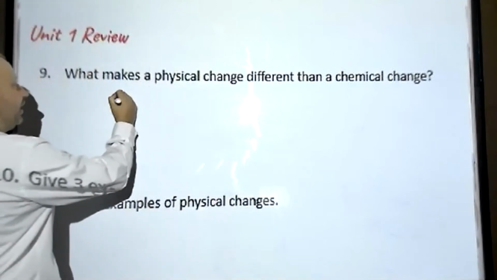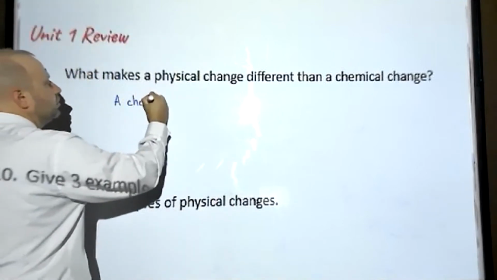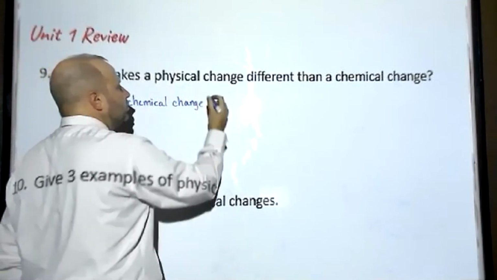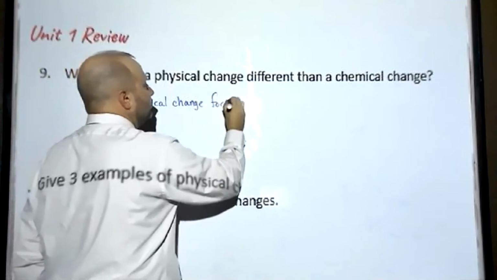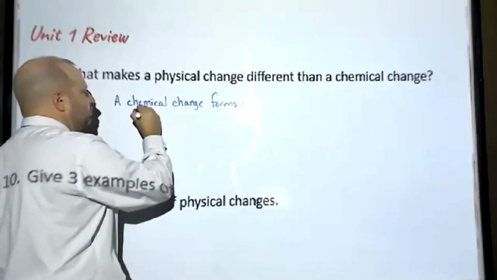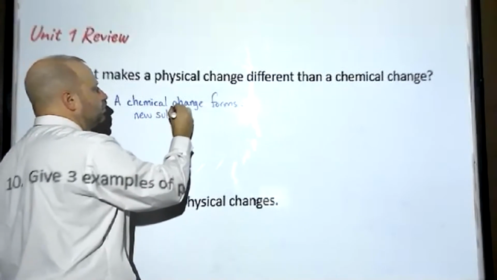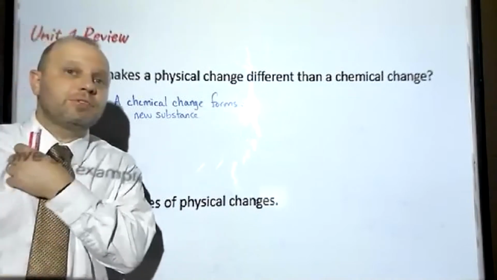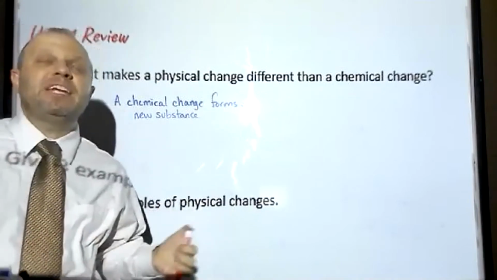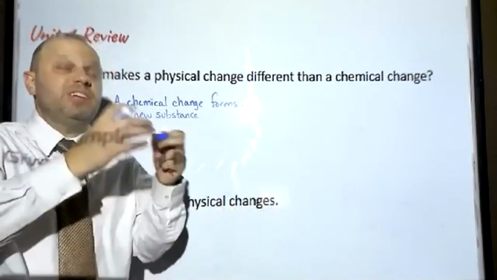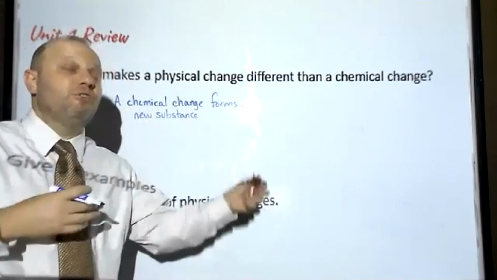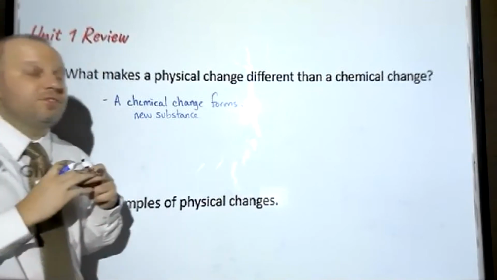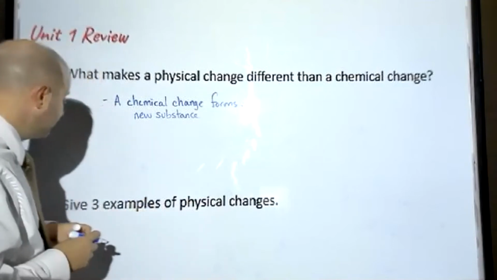So in a chemical change, a chemical change will form a new substance. You have to form something new if you undergo a chemical change, or you could take something that already exists and break it apart, forming new things. So a chemical change forms a new substance. A physical change does not form a new substance.